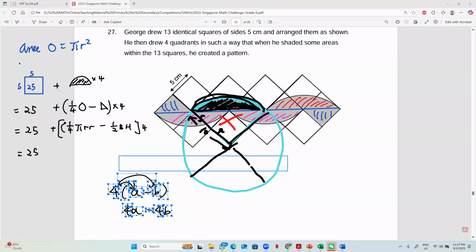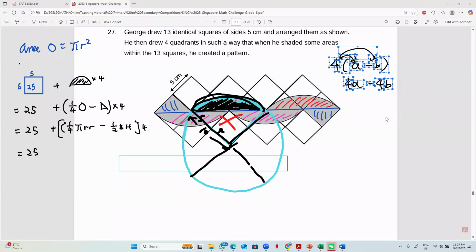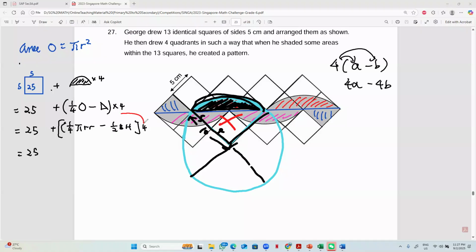So the 4 can multiply the whole set of things here, and also multiply the whole set of things here. You see how I'm going to rewrite the things.